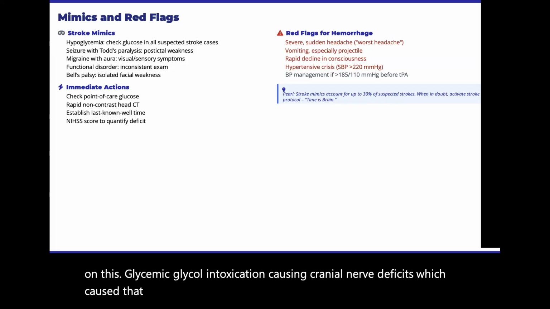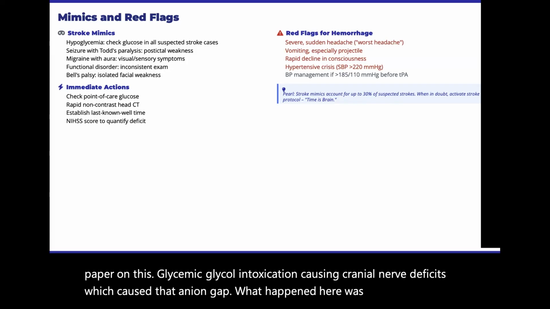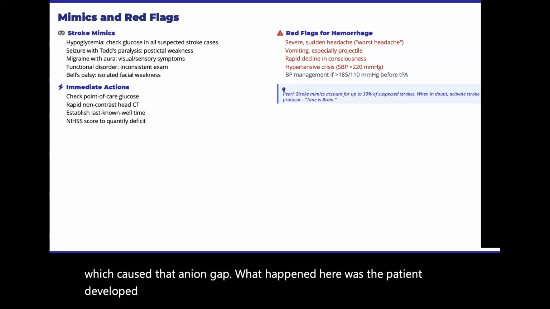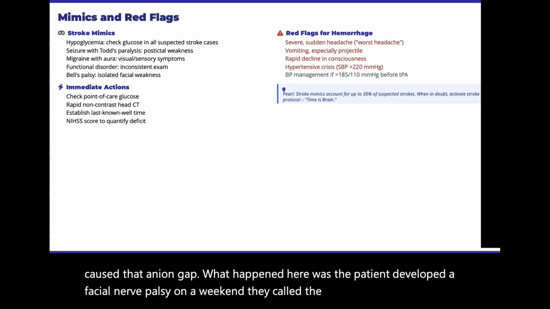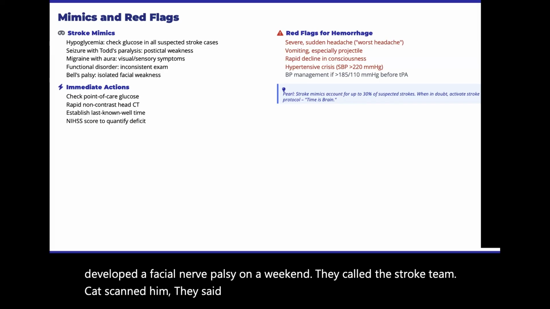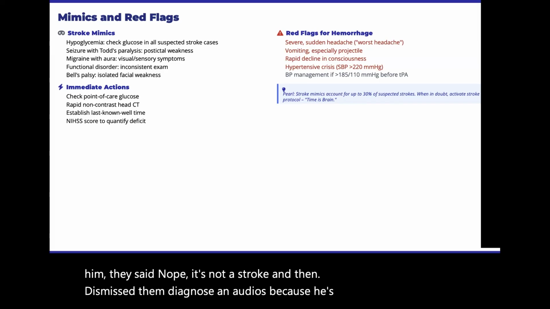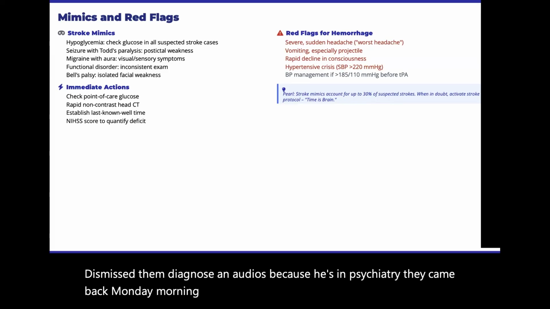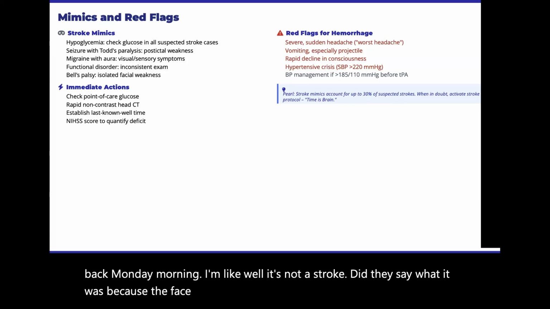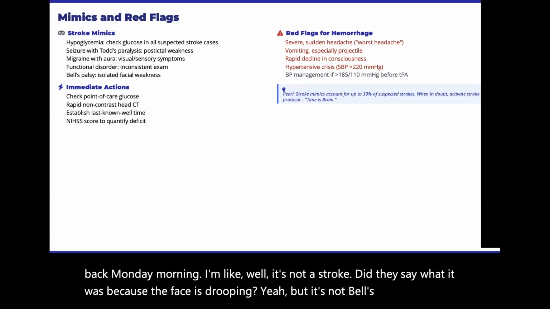What happened here was the patient developed a facial nerve palsy on a weekend. They called the stroke team and CAT scanned him. They said, nope, it's not a stroke, and then dismissed him, because he's in psychiatry. I came back Monday morning. I'm like, well, it's not a stroke. Did they say what it was? Because the face is drooping. Yeah, but it's not Bell's palsy because it's not the whole face, only part of it.